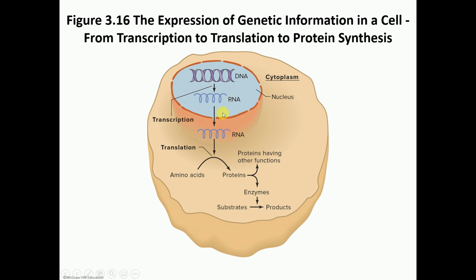Now the messenger RNA has the ability to squeeze itself through the nuclear pores and go to the ribosomes, and that's where the message will be translated into proteins. Whatever the function of the protein is, whether it performs certain functions like contraction, or is a hormone or an enzyme, it'll perform its function. Regardless of what the function of the protein is, the process of making it is the same.